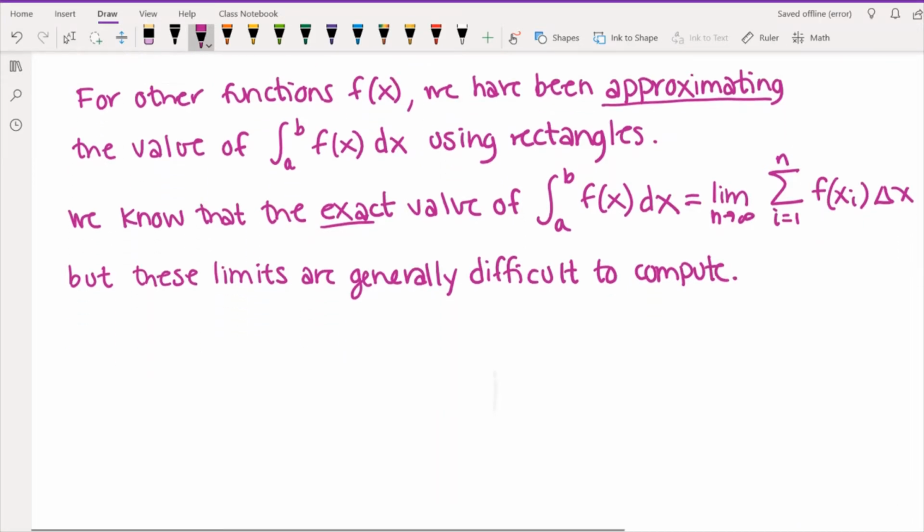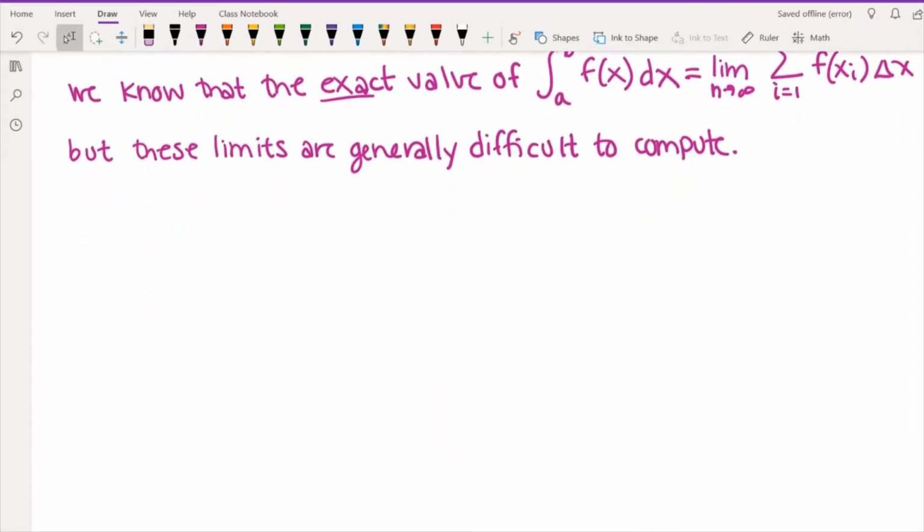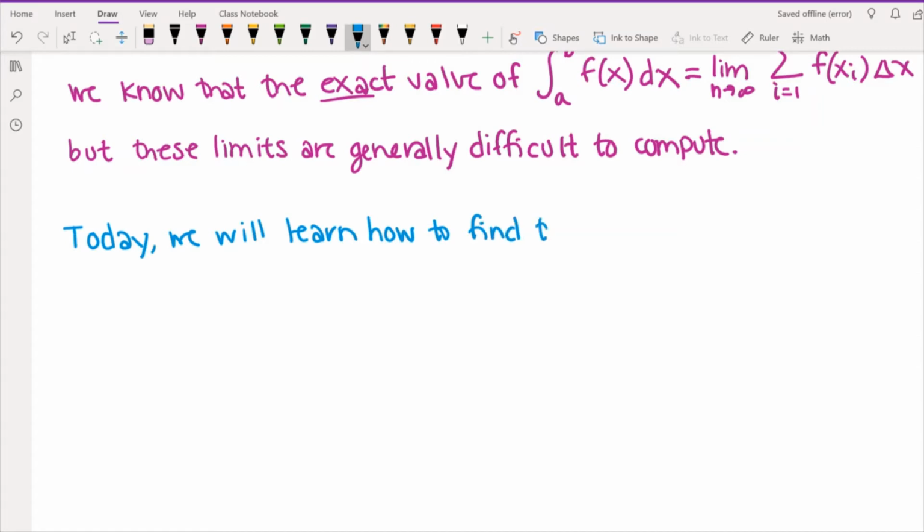Okay, so why am I telling you all of this? Just to set the stage for what we're about to learn. Today, we will learn how to find the exact value of the integral from a to b of f of x dx.